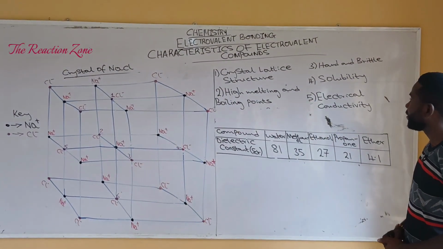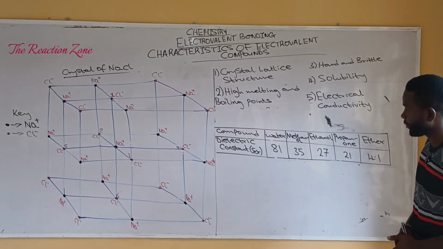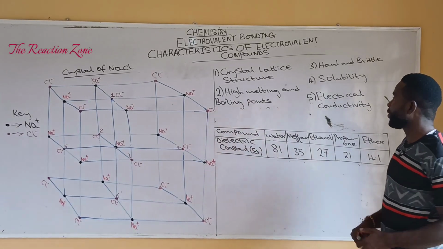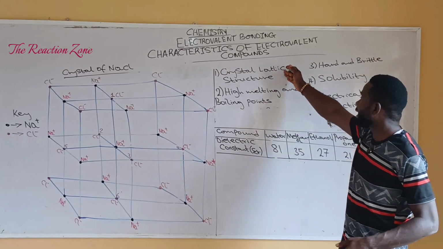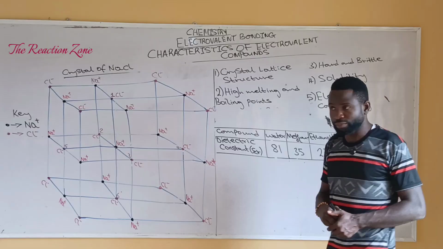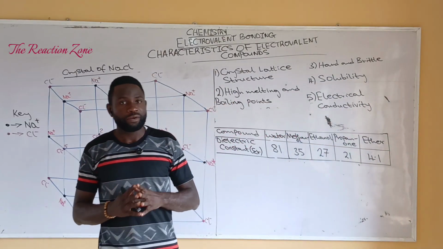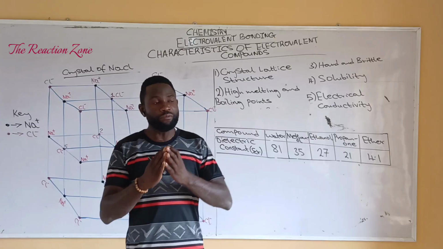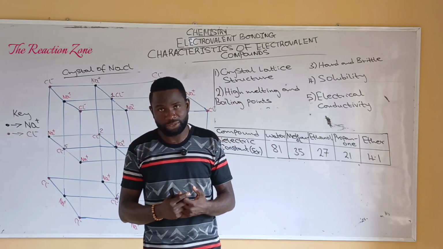In today's lesson, we're going to look at the characteristics of electrovalent compounds. The first one is that electrovalent compounds have a crystal lattice structure. In electrovalent compounds, they have a geometrical arrangement of the ions in the solid.